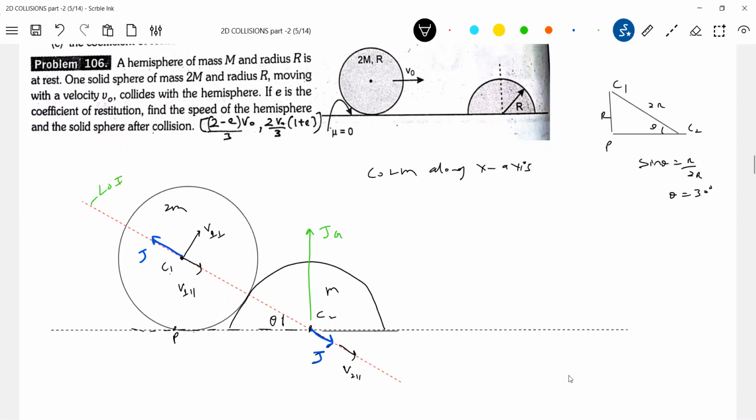Slowly, you have to be careful. So what is the initial momentum? 2m v naught. Finally, 2m v1 parallel cos theta. I should take this, this is theta, this is theta, this is theta.